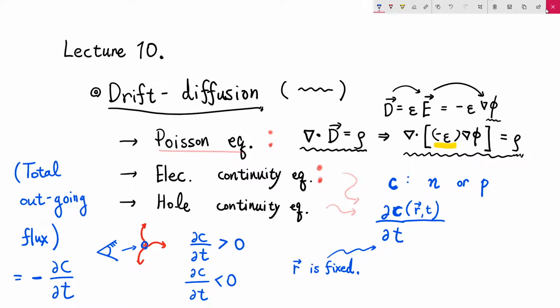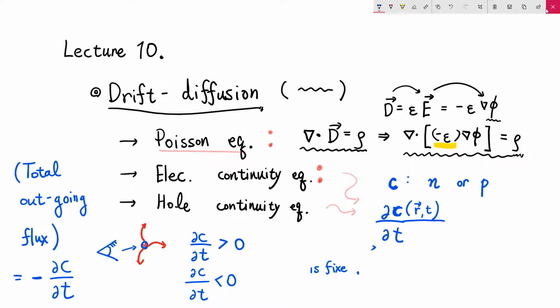If this quantity is positive, then carriers are escaping, so carrier population or carrier density should be reduced. So we have a minus sign. If we have a negative total outgoing flux, it means that carriers are actually coming in from outside, so we will have a positive value. So it's good to have such an interpretation.